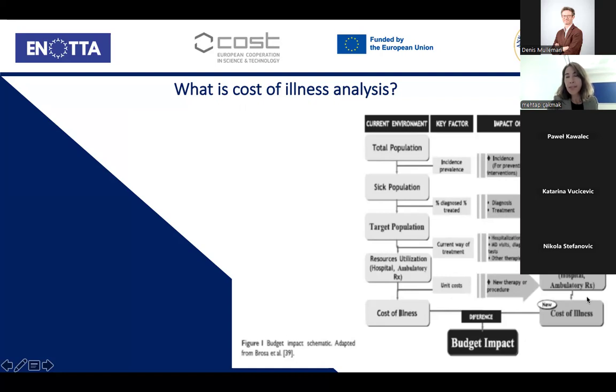This can be a new method, new technology, or new intervention. So we could compare their costs regarding a specific illness, and by calculating the difference between these methods, we will conclude on budget impact analysis.